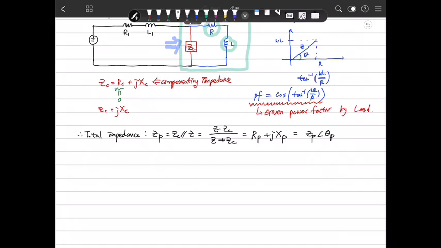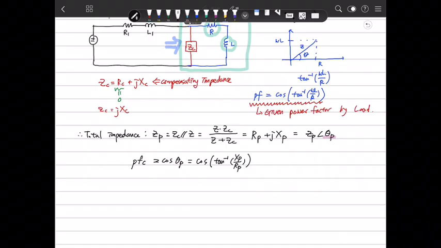Including the compensating impedance, we call this the new power factor, defined as PFC equals cosine theta P, because this is theta P. So there will be cosine of arctangent XP over RP in this manner.